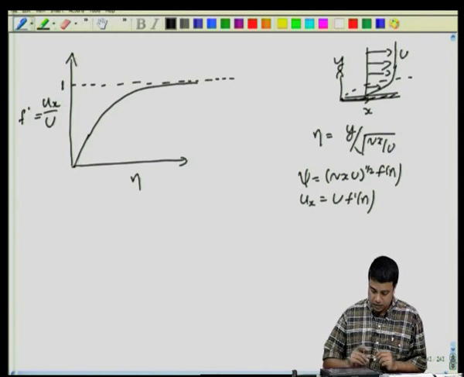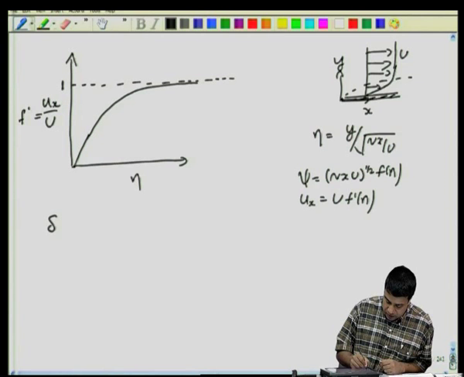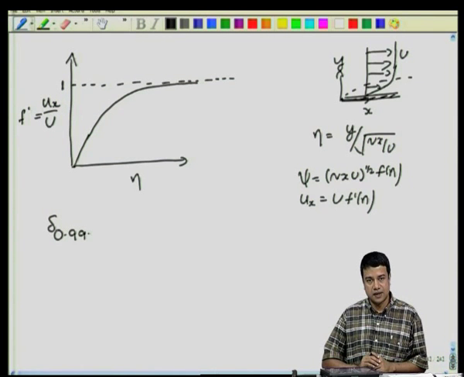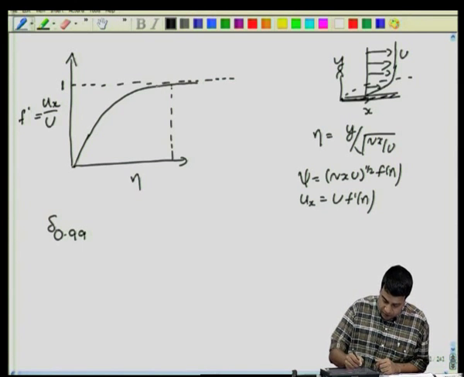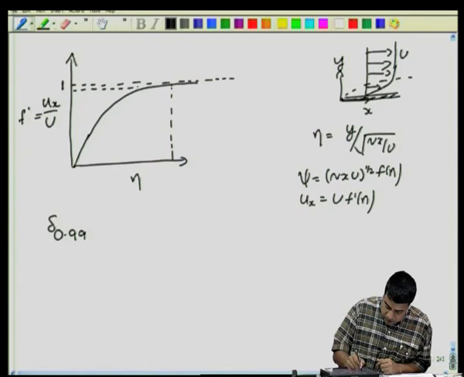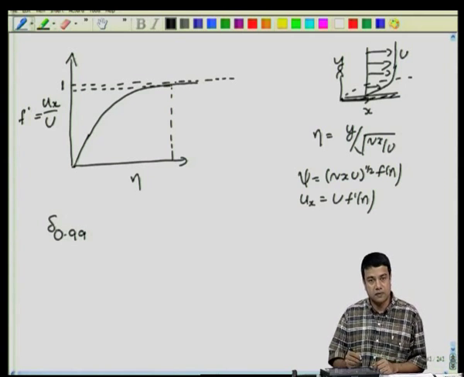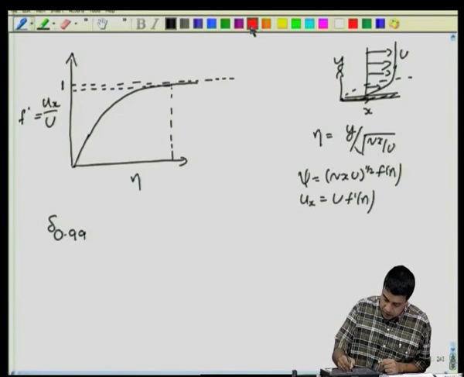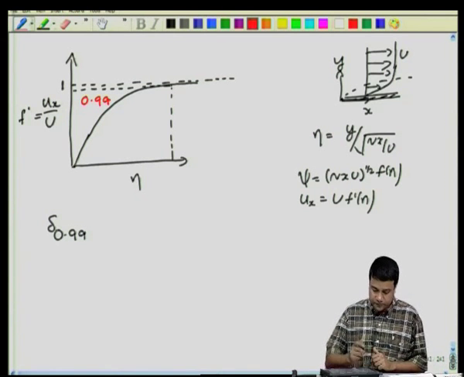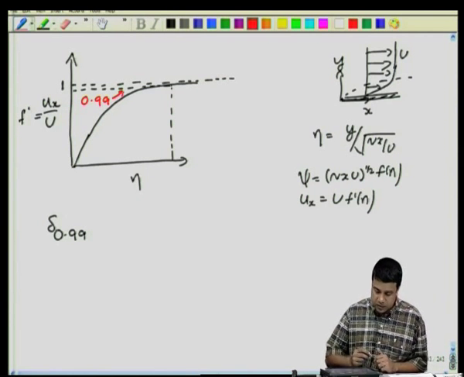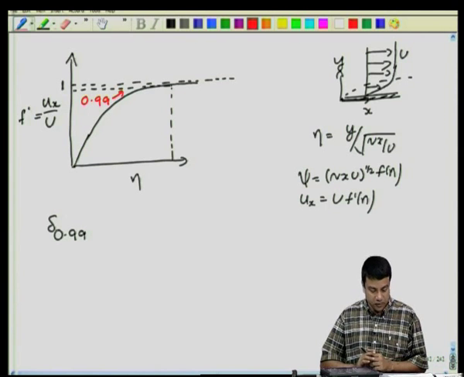The boundary layer thickness delta, often referred to as delta 0.99, is the distance at which the velocity is equal to 99% of the free stream velocity. That is what is commonly taken as the boundary layer thickness.